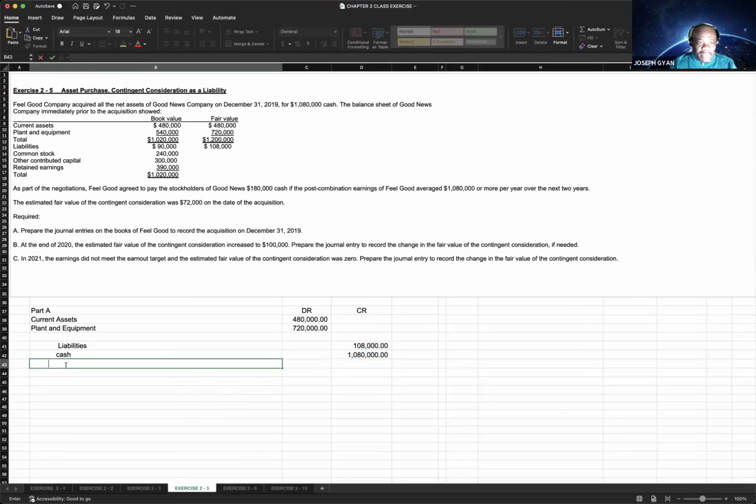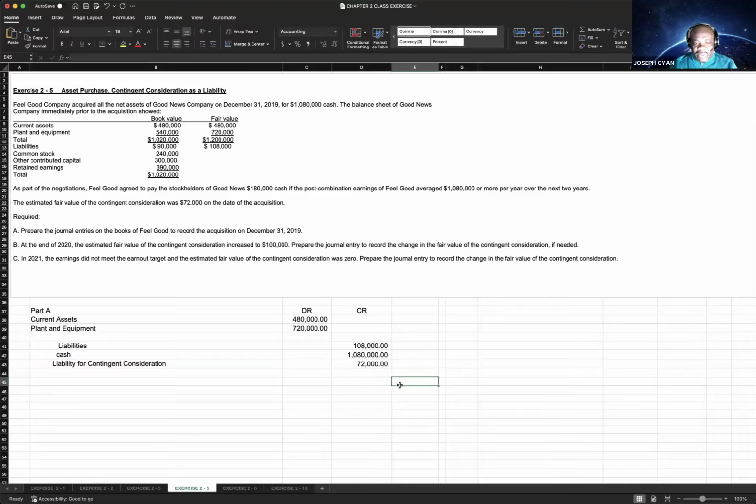So let's see the liability that we are giving. On the day of the acquisition it was 72,000.